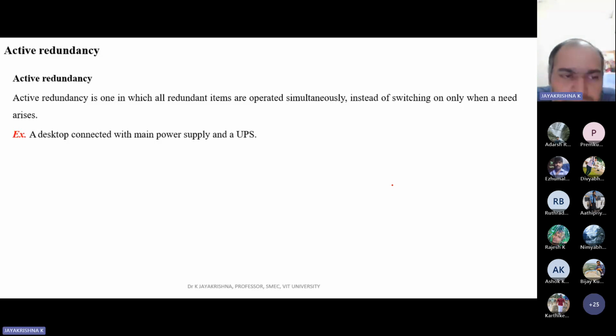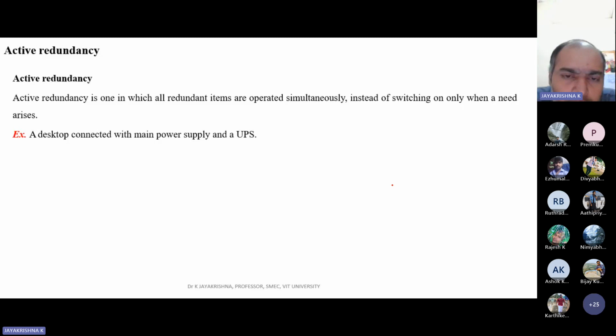Say for example, I'm giving you one example here. You're using a desktop, and you're using a power source from the main power supply to your house. When there is a power shutdown by the power supply board, there is a power cut. So what happens?